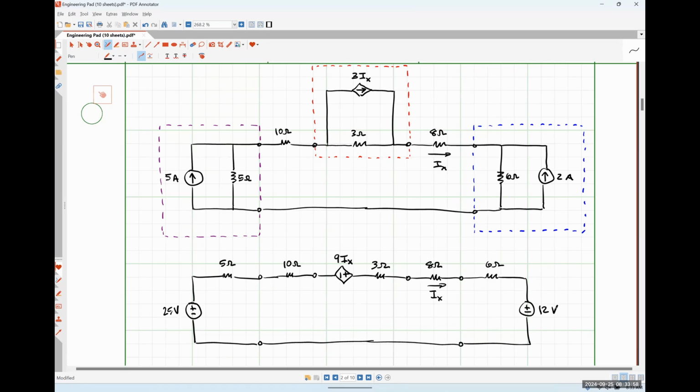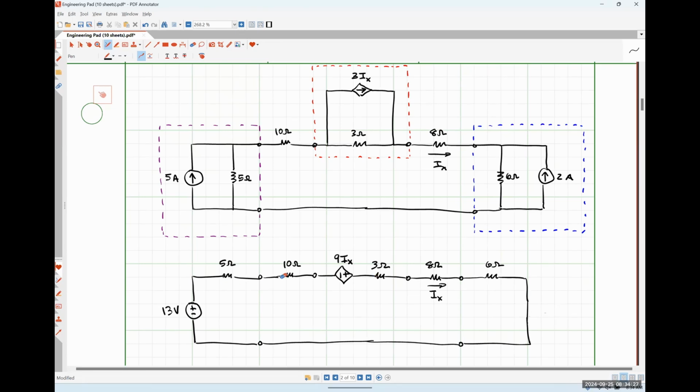And this is literally a circuit that we could have analyzed on the second day of class, right? I could, for what it's worth, make some simplifications now. For example, I have 25 in series with 12. They're of opposite polarities, so I could just get rid of this and put it as a 13-volt source. That guy gets turned into a short circuit. 5 plus 10 plus 3 plus 6.